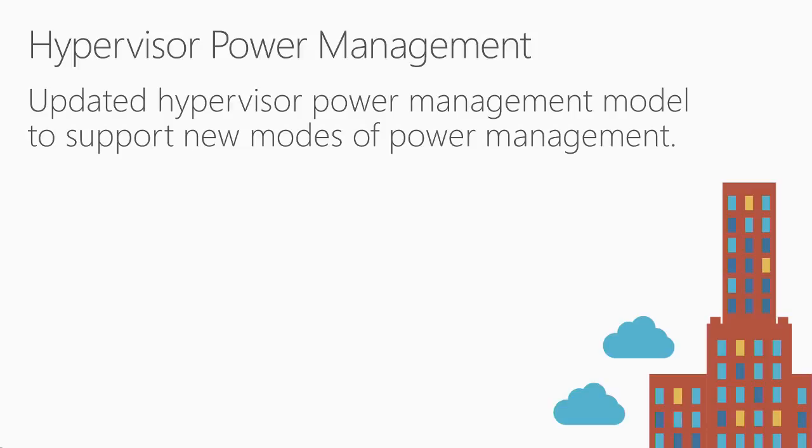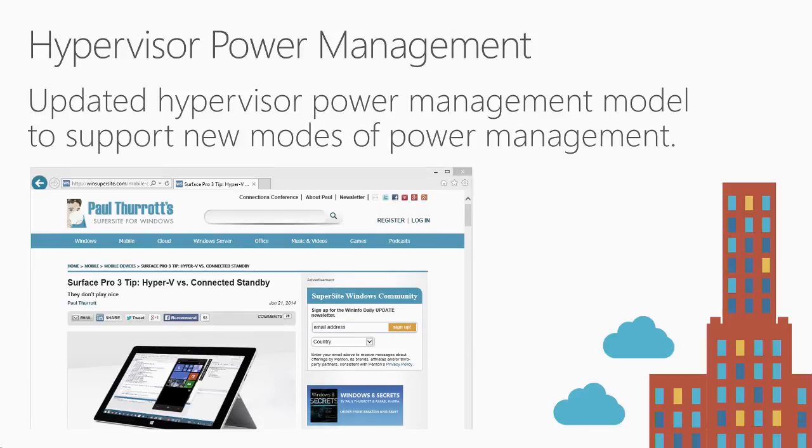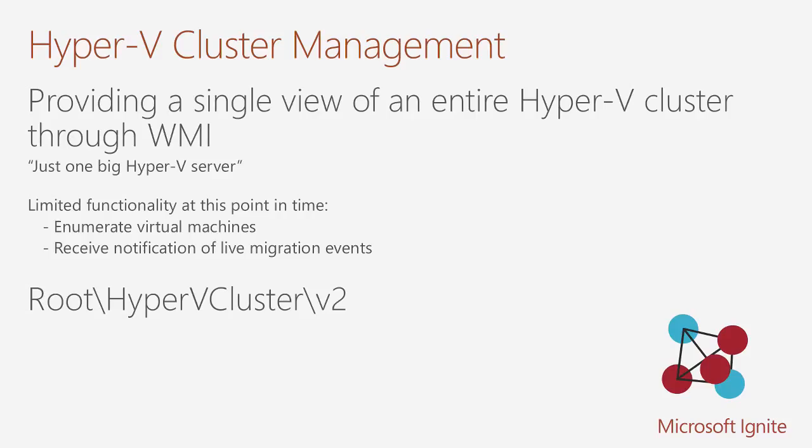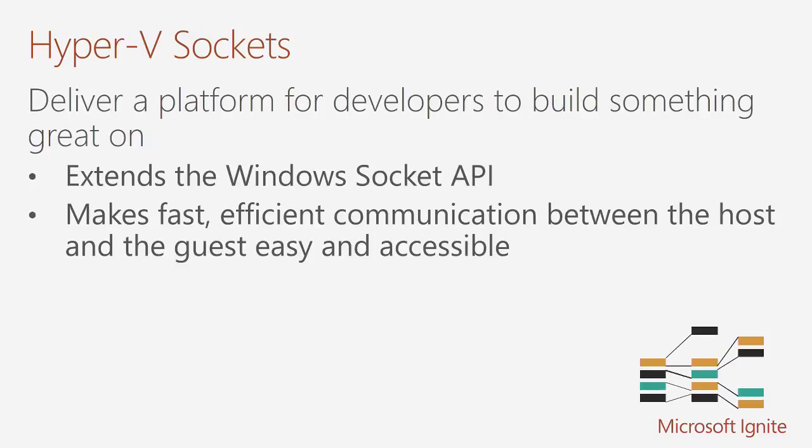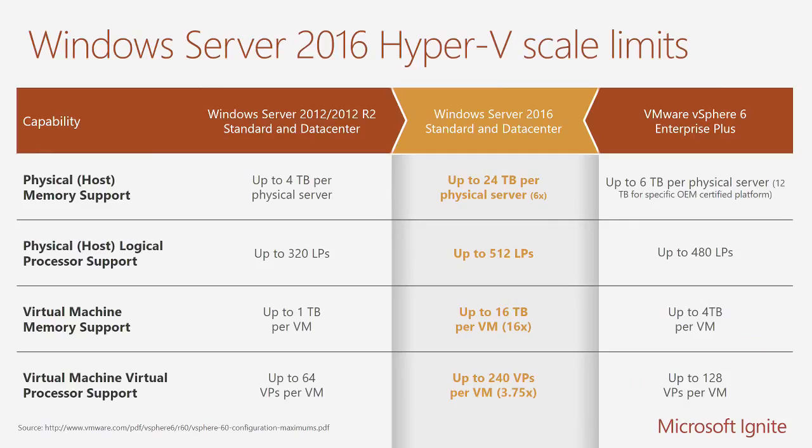We've made a number of changes to power management to make power management work better on your Surface laptop, is the rough summary. And I'm going to jump through 2 slides. And the final thing to call out is we've continued to invest in scale. So once again, Windows Server 2016, industry leading in scale across the board. Largest hosts, largest virtual machines, largest scale numbers.